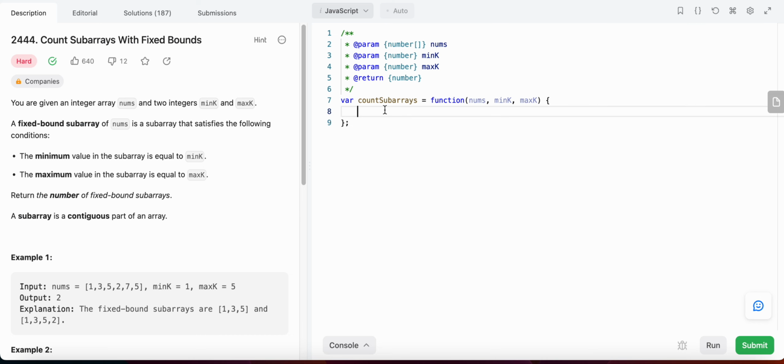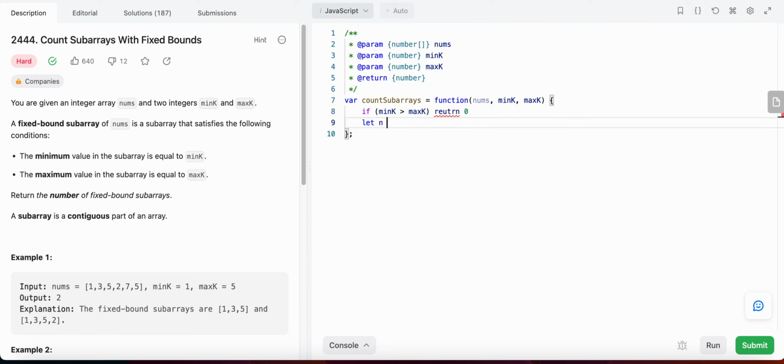So let's first of all define our edge case, that is if min k is greater than max k, then we are going to return 0. Okay, now let position of min k equal -1, let position of max k equal -1, and let left bound equal -1.